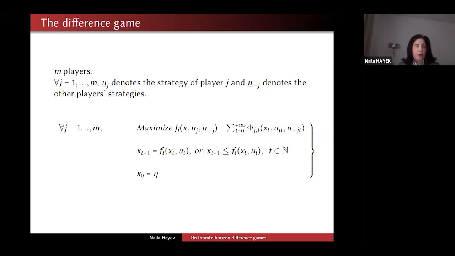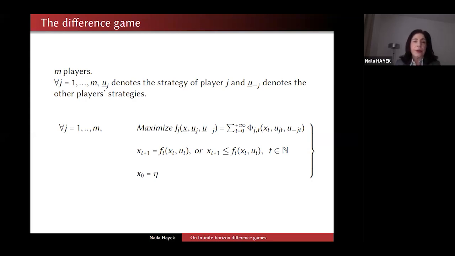The problem is the following: for every player j equals 1 to M, we want to maximize the function J sub j of x, u_j, u_minus_j, which is the infinite series of the phi_jt at x_t, u_jt, u_minus_jt. I will explain all the details just later.